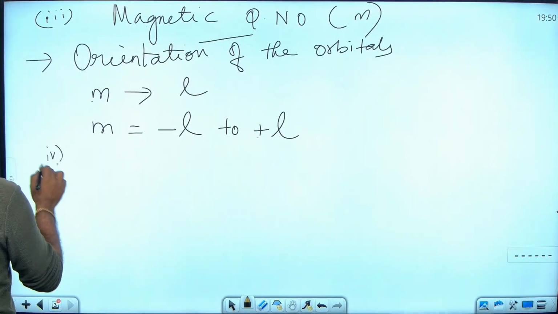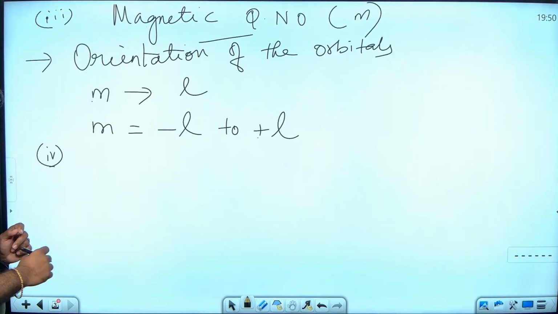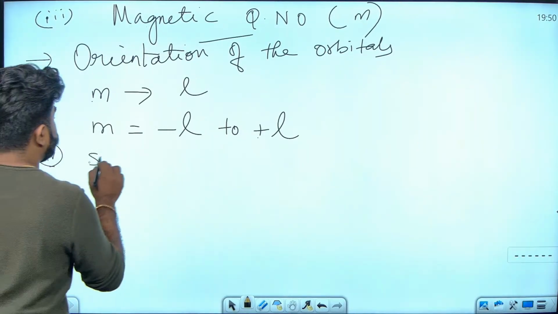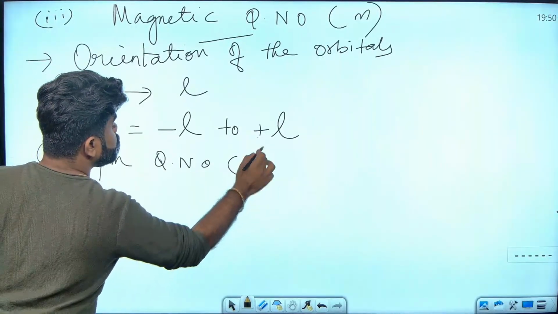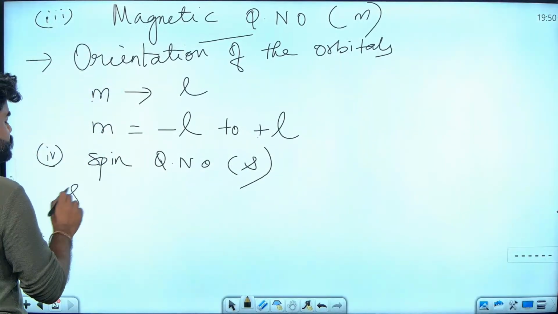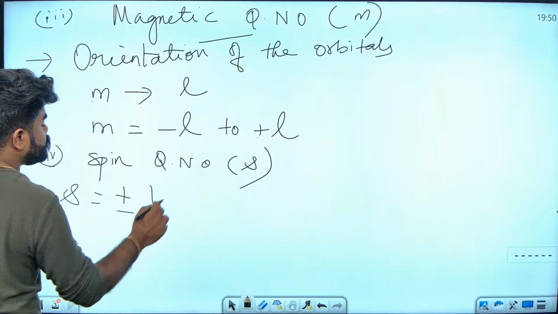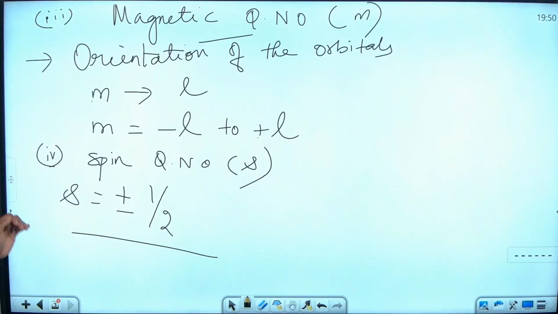Then finally, the spin quantum number, given by S. S has only two values, plus or minus 1 by 2.